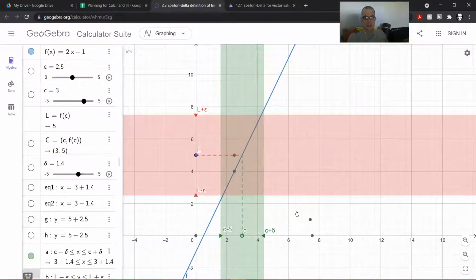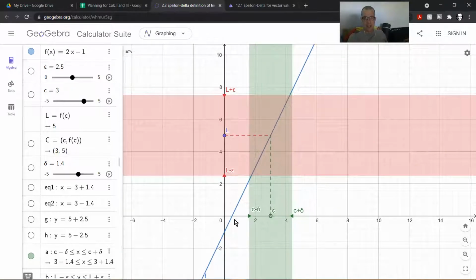So this is the epsilon delta definition of limit from calculus 1. We have one variable as an input variable. X is our input variable. Delta is associated with the domain, and epsilon is associated with the range. And y is our output variable.